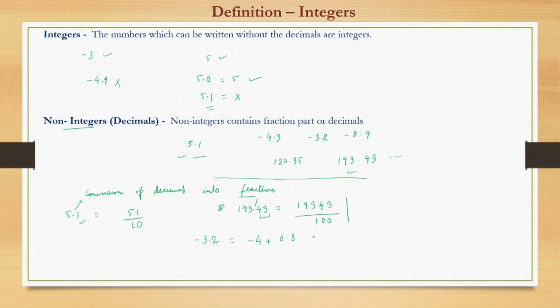So this can be minus 4 plus 0.8, that we can convert into fraction as 8 upon 10, because to take off the decimal here we write 1 and there's only one digit, that is 8, after the decimal, so 0. So this becomes minus 40 plus 8, minus 32 by 10.